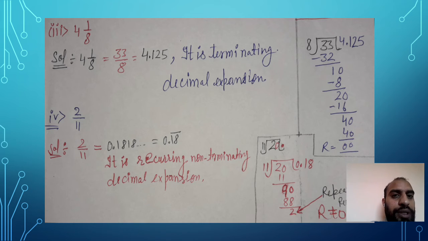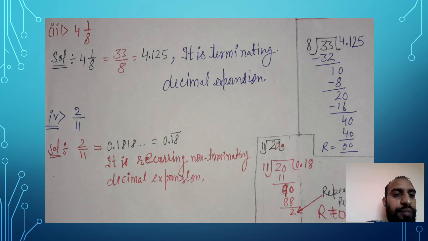Your next question is 4 into 1 upon 8. It is a mixed fraction. First convert into a simple one. 4 8s are 32 plus 1, 33. 33 upon 8. Now let's start dividing 33 by 8. First 8, you can see in rough area, 4 8s are 32, remainder is 1.